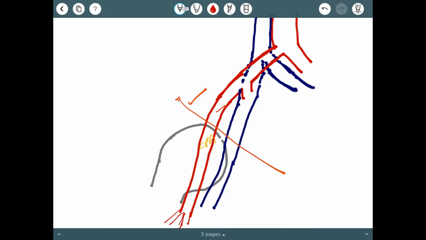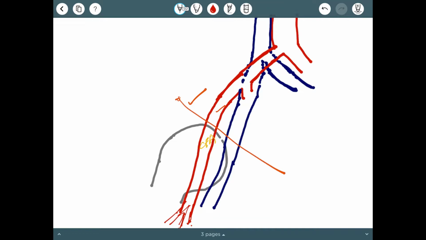This bifurcation usually happens at the level of the inferior border of the head of the femur.